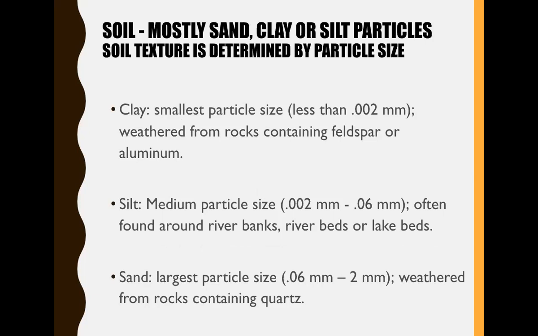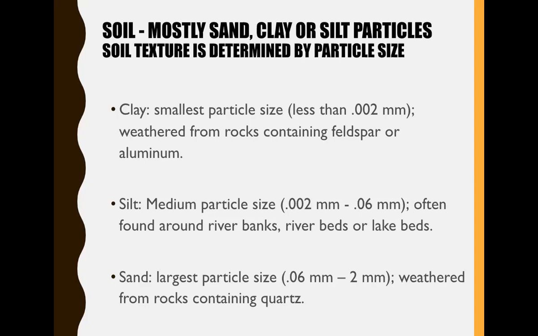It's pretty small, okay? This comes from weathered rocks containing feldspar or aluminum. Silt is a more medium particle size, so just slightly bigger than clay and averaging up to 0.06 millimeters. We typically find this around riverbanks, riverbeds, or lake beds.